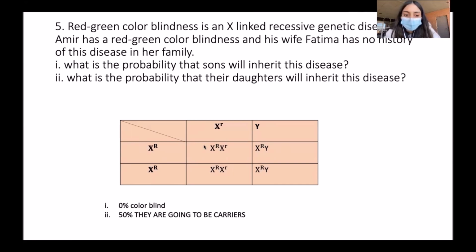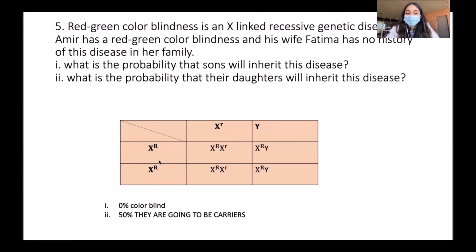for this, we're going to think that Fatima's entire family got tested and they found no color blindness. And because it's a recessive disease, and generally, when a family has no history, we normally assume that they're going to be homozygous for the dominant trait.